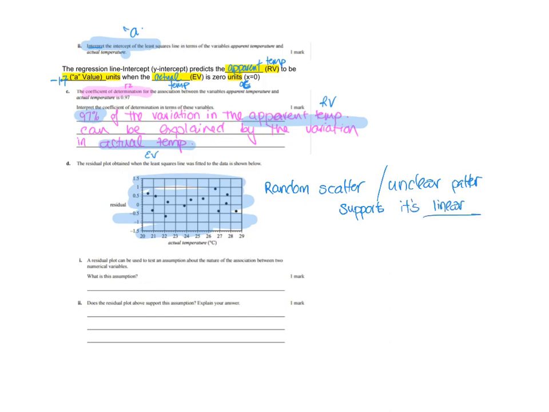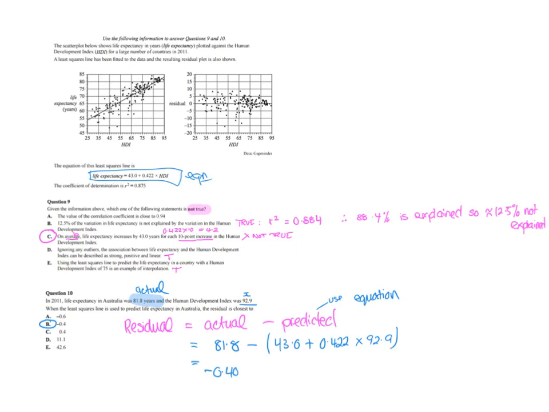The residual plot can be used to test an assumption about the nature of the association. What is the assumption? It is linear. You can see the exams start to repeat themselves. And does the residual plot support this assumption? Yes, the random scatter, unclear pattern, supports it's linear. All right, I've just put the answers here for this one. You guys can go through it.